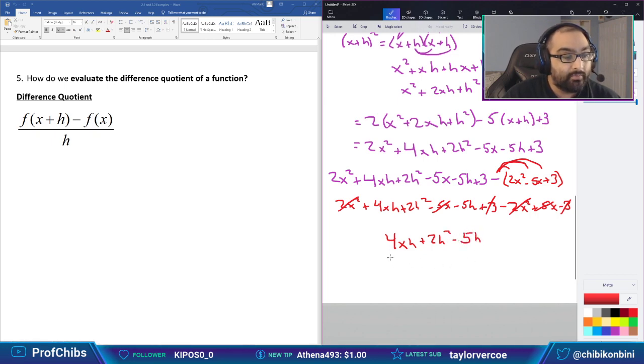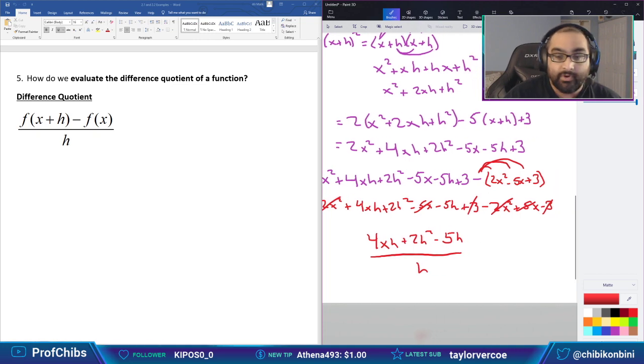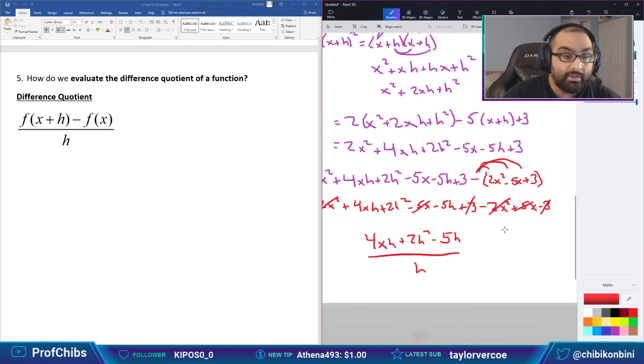And remember, we're dividing everything by h. That's the last part that we need to acknowledge. Now, all you have to do at this stage is factor out an h. Notice we have an h in the first term, second term, and third term. So if we factor out an h, we're going to have 4x plus 2h minus 5, and we divide that by h.